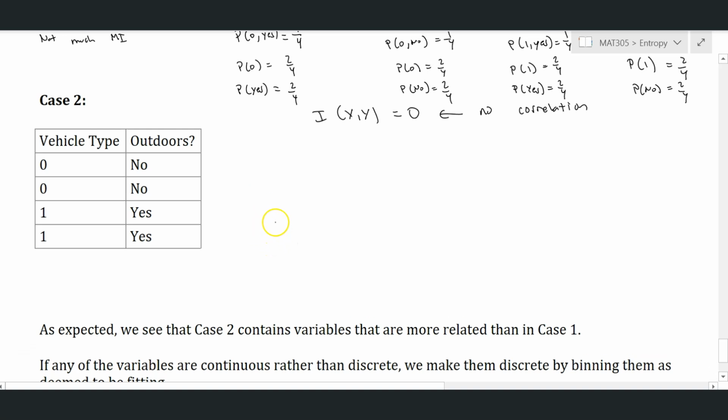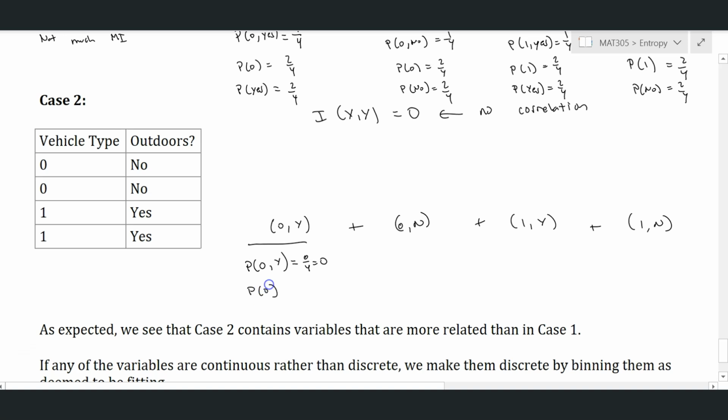We'll have 4 terms, 0 yes, 0 no, plus 1 yes, plus 1 no. Okay, so the joint probabilities, probability of 0 and a yes, will be 0, right? It'll just be 0 out of 4, which is 0.